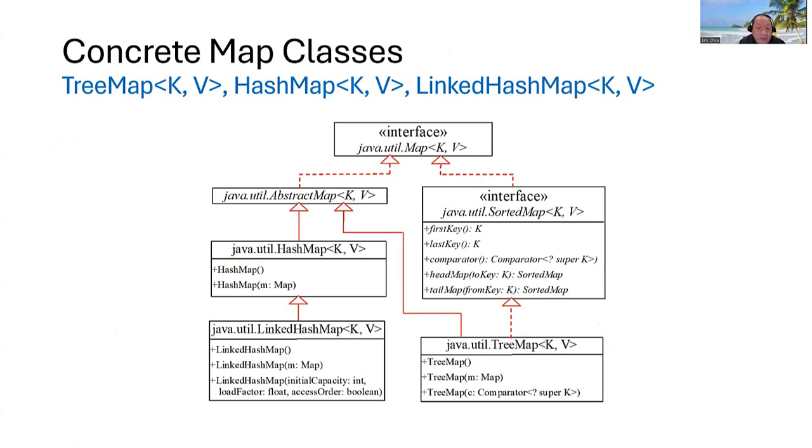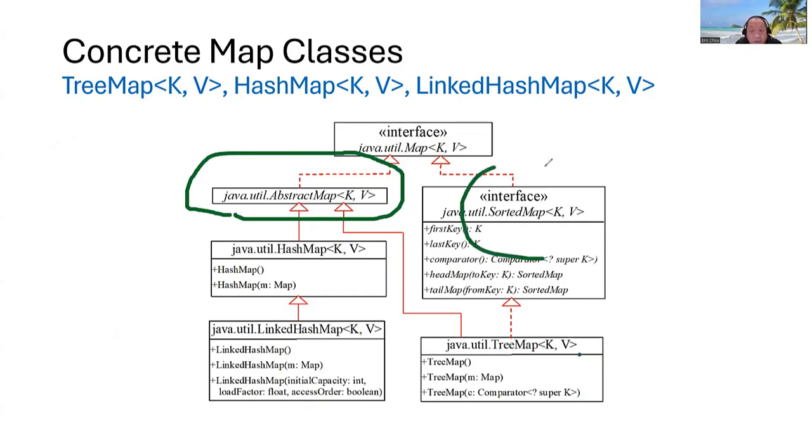Map is an interface. Map does not have a constructor. So when you want to create a concrete class, you need to use tree map, hash map, or linked hash map. Okay, there's an abstract class called AbstractMap, but that's actually transparent. Okay, no need to do that.